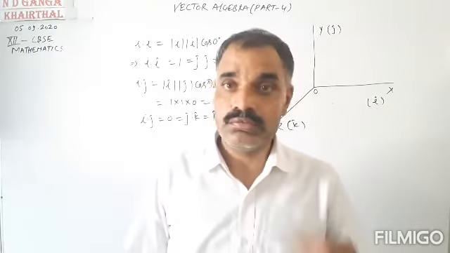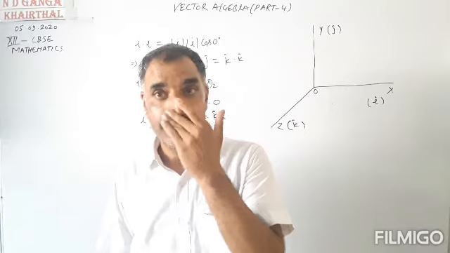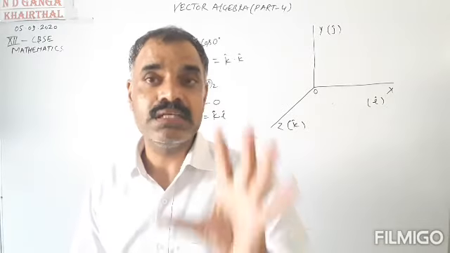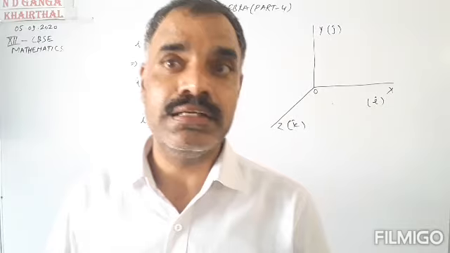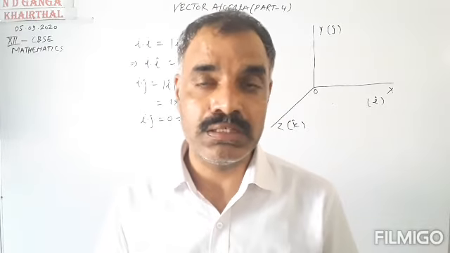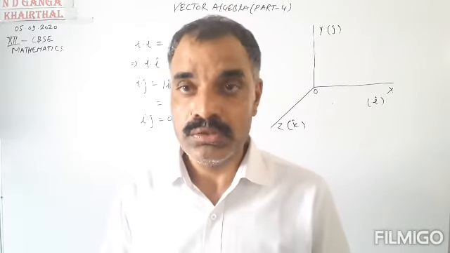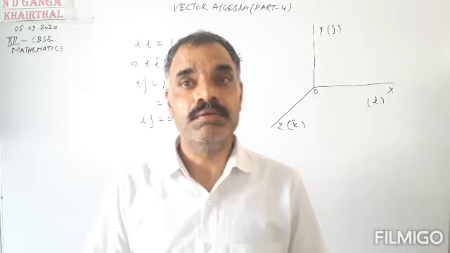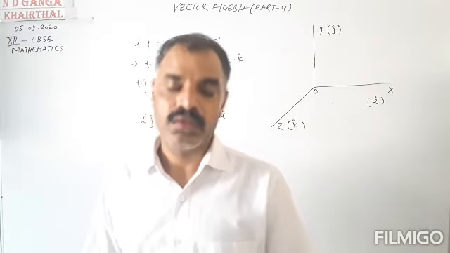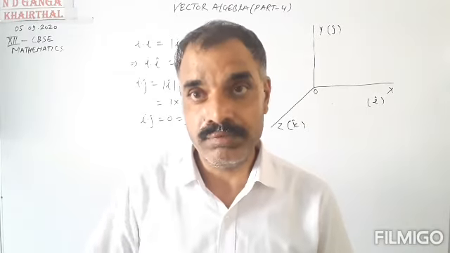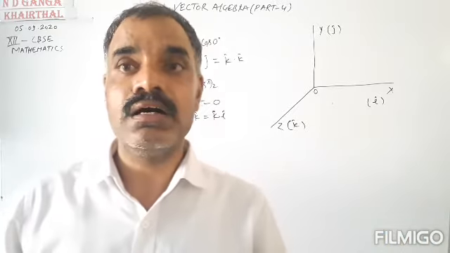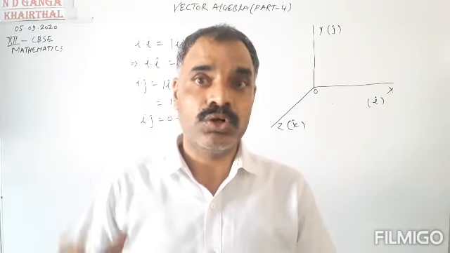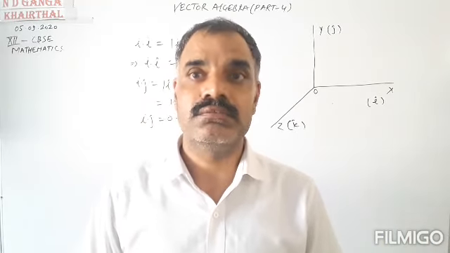So these are the 6 relations, the 6 values that we should have learned directly: i cap dot i cap equals 1, i cap dot j cap equals 0. We will use these values whenever we find the dot product between two vectors.